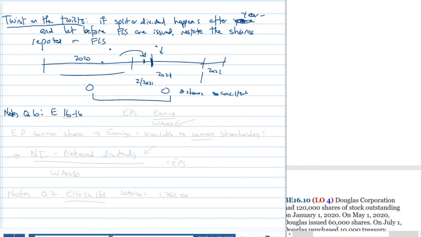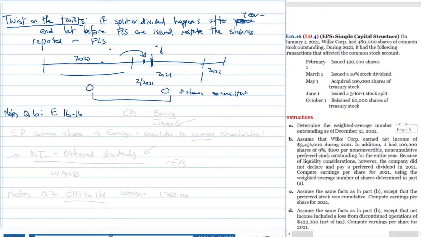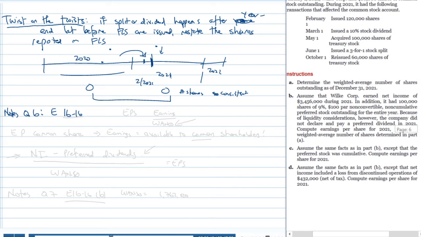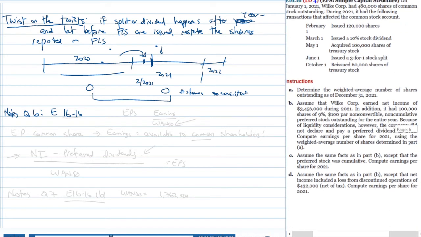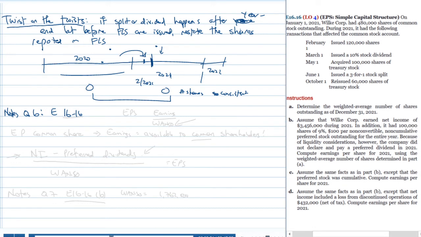This will have 2 twists in it. We've got a 10% stock dividend and a 3-for-1 stock split. So think about what we said. You're going to do this by having an additional column in your table. In the prior table, we just had the dates, the shares outstanding, the fraction of the year, and the weighted shares. You're going to stick another column in here for the restatement. That will help you keep track of the restatement. So that's the hint on how to do that.